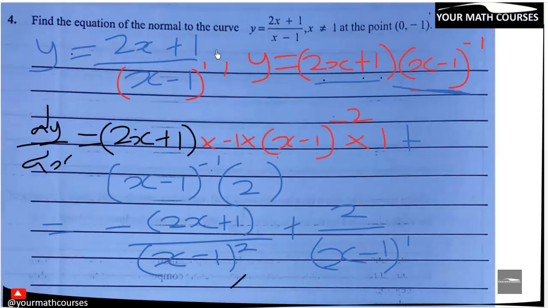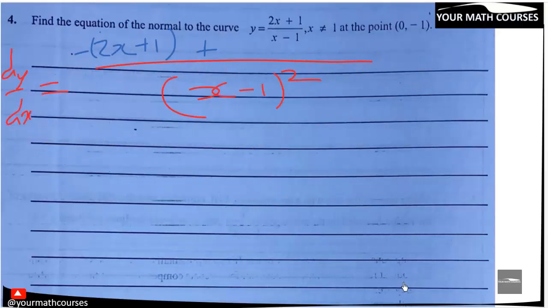Then we add it to whatever is here, which goes into the LCM x minus 1 times. So we multiply it by the 2. So we have plus 2 into bracket x minus 1. So when we expand this, we get -2x minus 1 plus 2x minus 2.